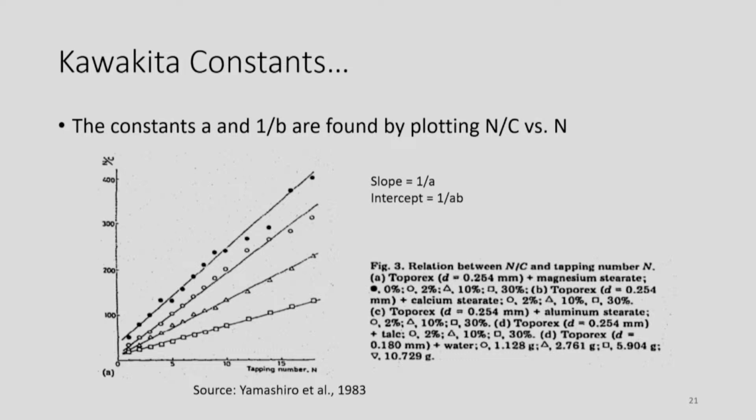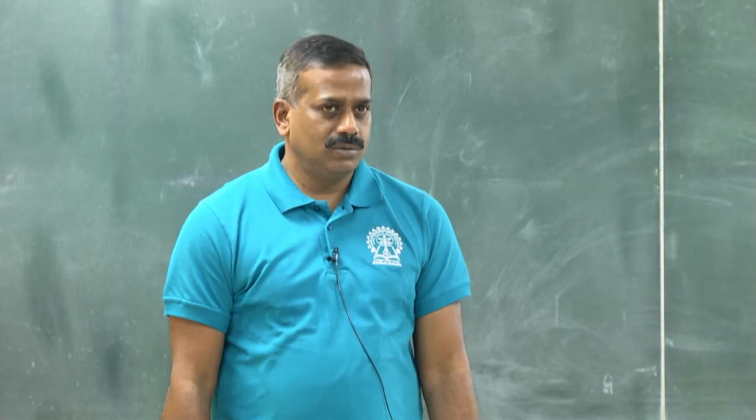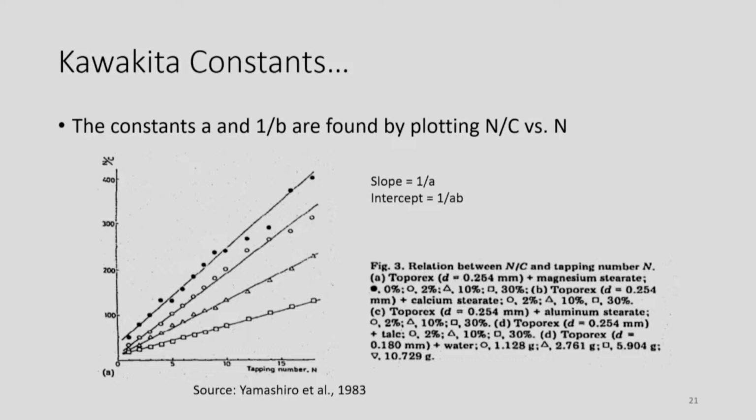That's the tapping number, and the ratio of tapping number over compactability or compressibility. From these lines you get the slope and intercept that give the constants A and 1 over B. So simple relationships and simple constants can get you more understanding about the powder bulk behavior.